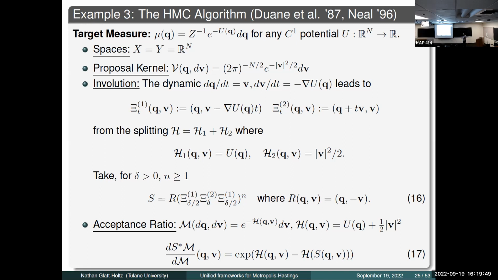And so if I take this so-called leapfrog splitting, this is the most classical case, I get this acceptance ratio out of my theorem, which is what you see in all of the nice textbooks. But what I show in my little thumbnail is that you have a whole class of possible integrators you could use.